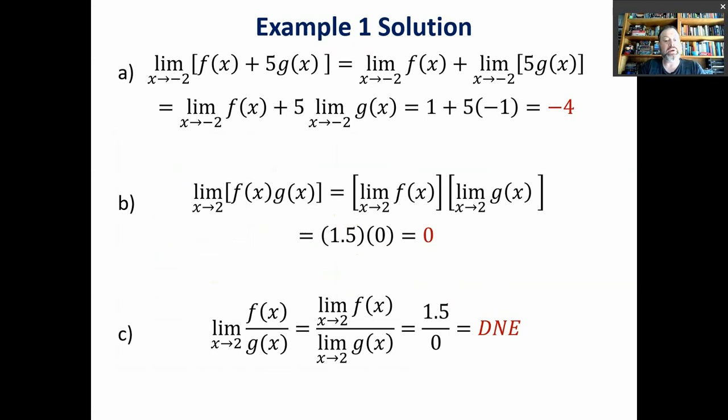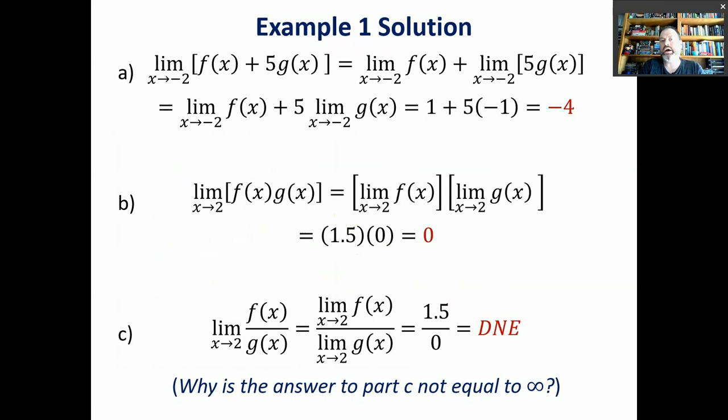Now, some of you might be thinking, why did I not write infinity here? Why did I write DNE? Well, this is sort of the problem we run into, and this is why we have to have a firm foundation on this stuff. You can't just think, oh, 1.5 divided by 0 is a vertical asymptote.